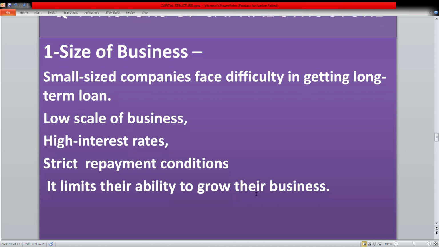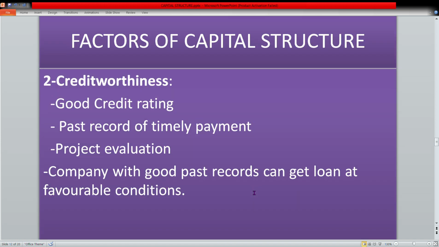Then the second point is your credit worthiness. If you are going to the bank, they will check your credit rating. If you have a good credit rating, then it is okay. If your credit rating is not good, then the bank generally hesitates to give you loan.